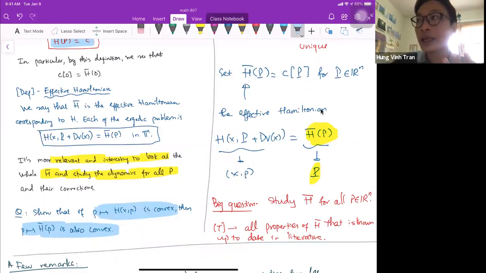Let me conclude by making a very vague analogy. Like in spectral theory, right?